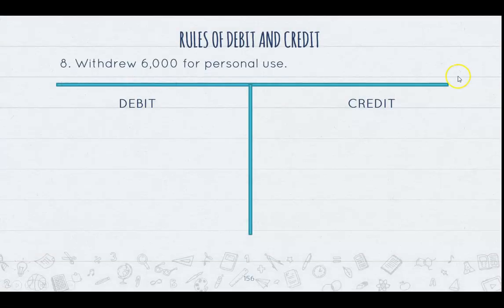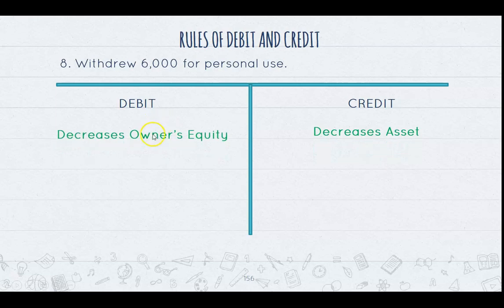Transaction number 8. Withdraw 6,000 pesos for personal use. Okay, so let us check kung debit decreases owner's equity. Bakit kaya? And credit decreases asset. Okay. Decreases owner's equity dahil merong drawings.